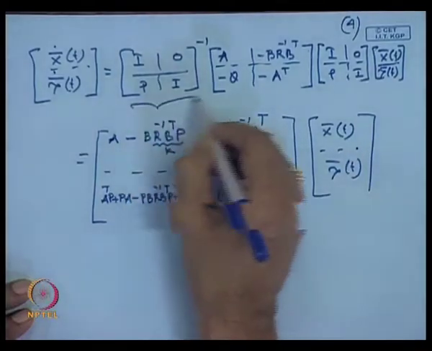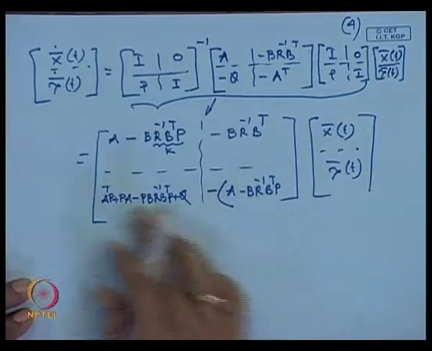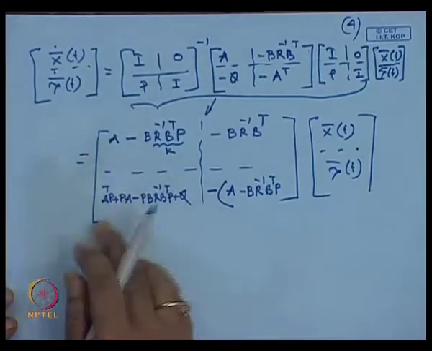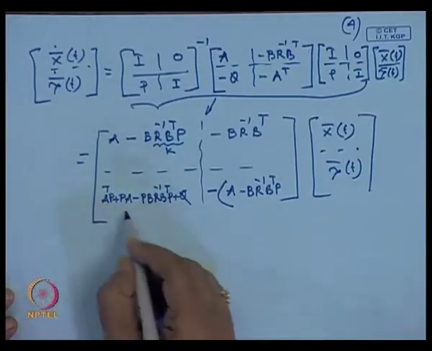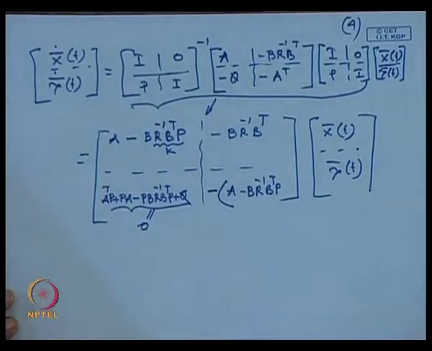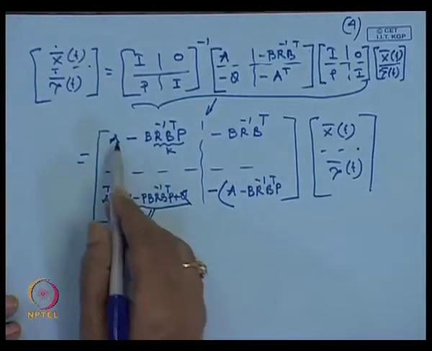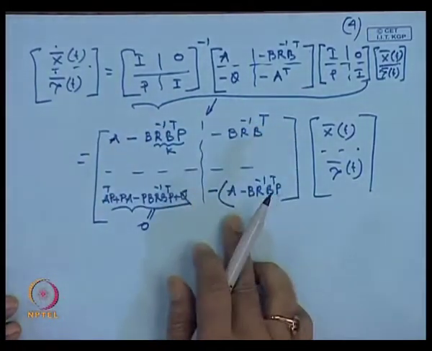If you just multiply from here to here, you will get this matrix. Now see, this is the algebraic Riccati equation, this quantity is equal to 0, and this one is 0. So, it is nothing but an upper triangular structure.